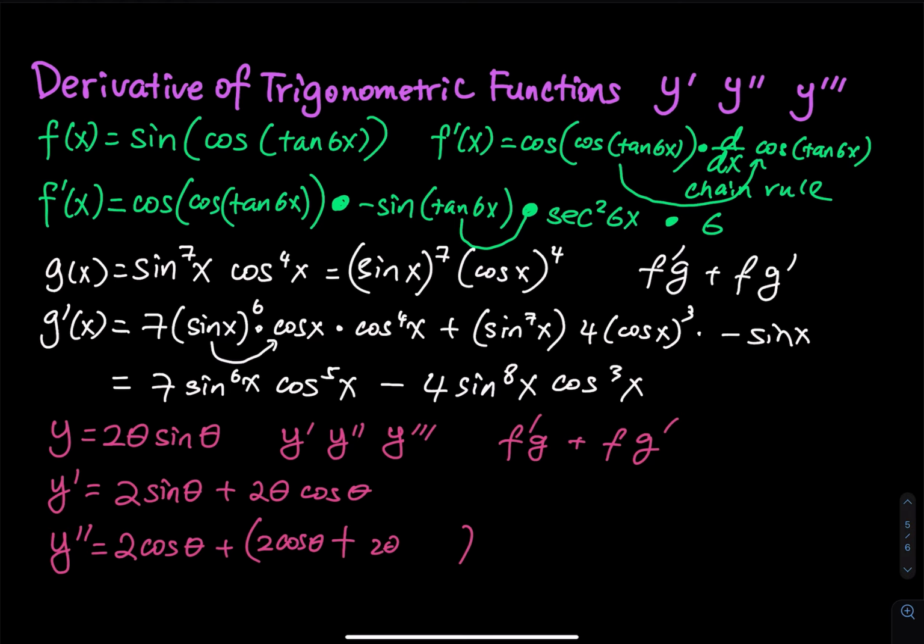So I'm going to need more space, so I will erase the parenthesis first and then write multiply negative sine of theta. And then what is that equal to? That is 2 cosine theta, 2 plus 2. Okay, let's simplify this. So you have a 2 plus 2, that is equal to 4, and then cosine theta.